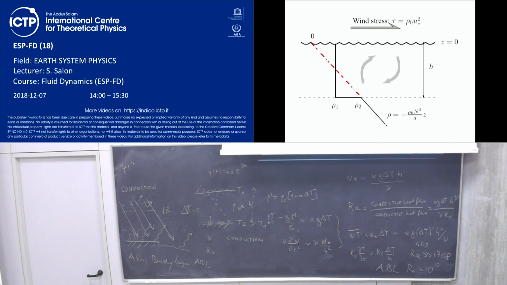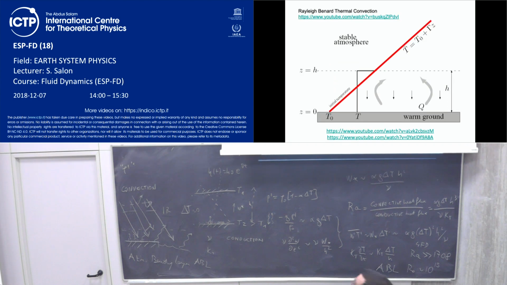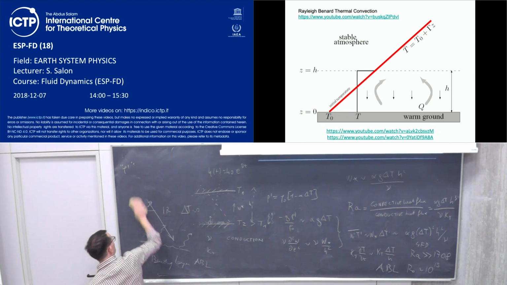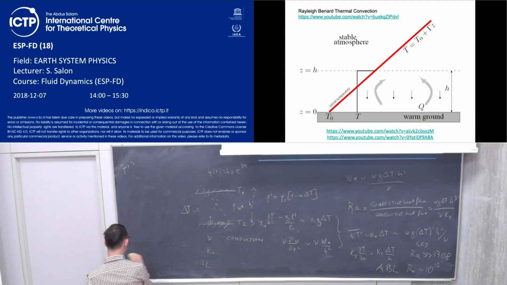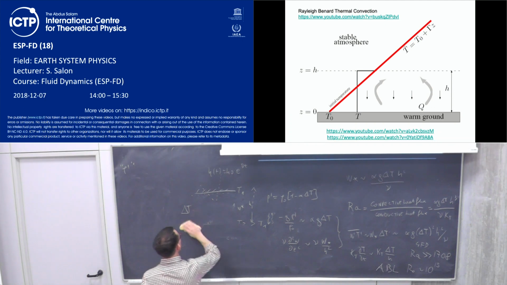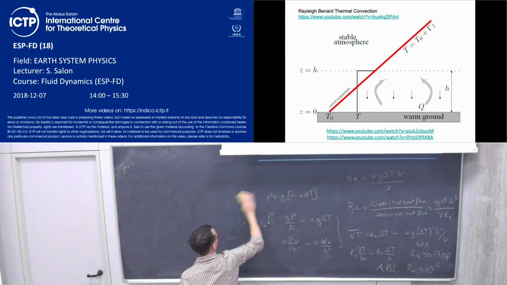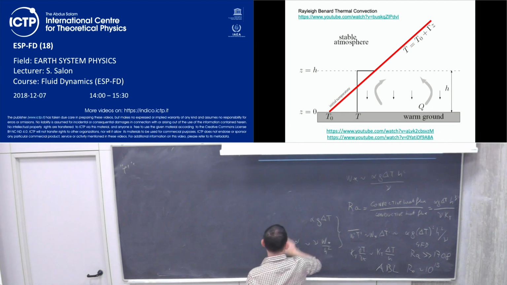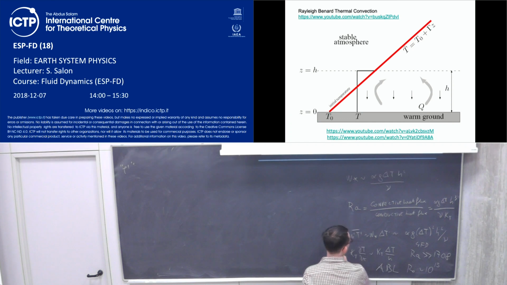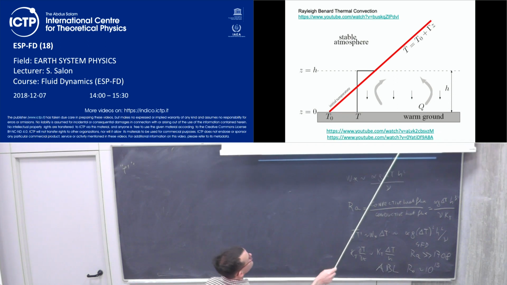Let's look now at the last example. The last example is similar to the previous one, but is practically a more complex case of convection in the atmospheric boundary layer. So what we have is a plate which represents the ground, which is warm.